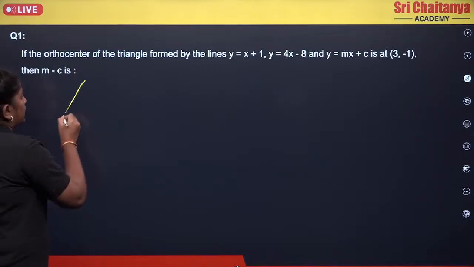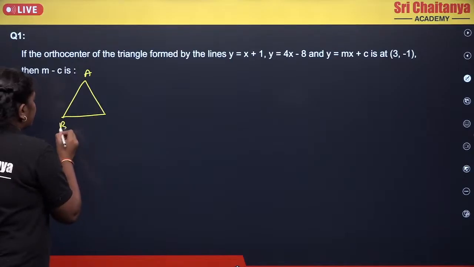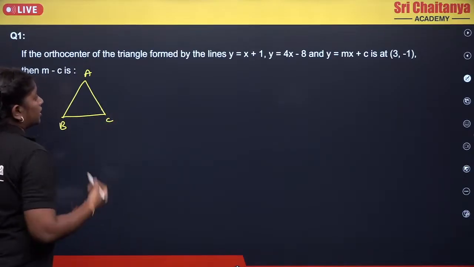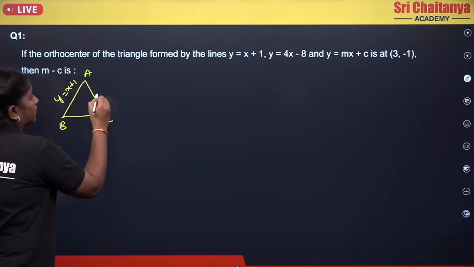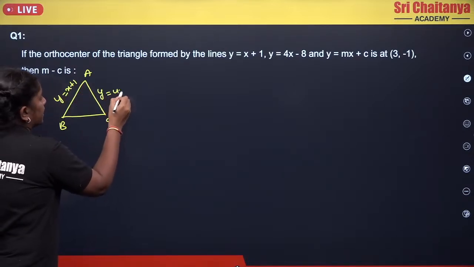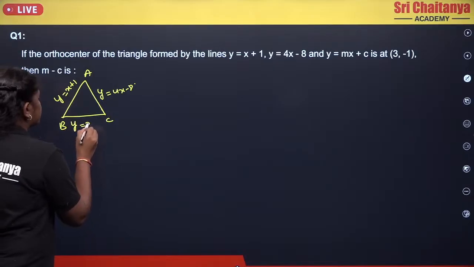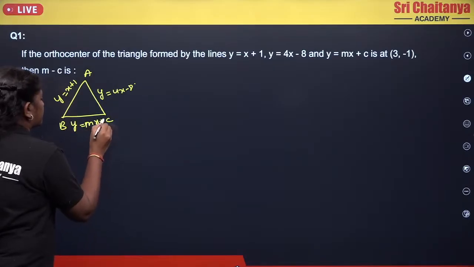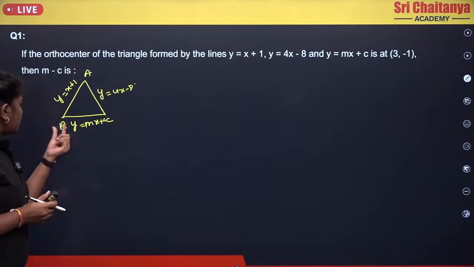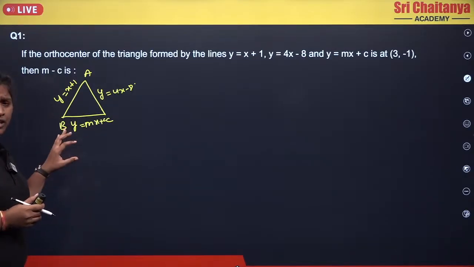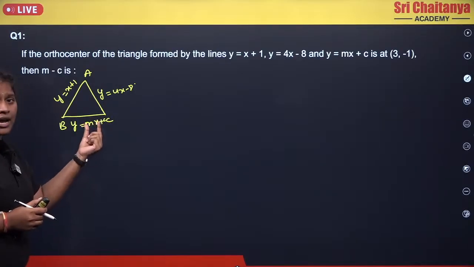Now let's take the diagram, A, B and C. Clear? Now coming to here, y equals x plus 1, y equals 4x minus 8 and y equals mx plus c. If you find the coordinates of B or C, then you will get the values of m and c.